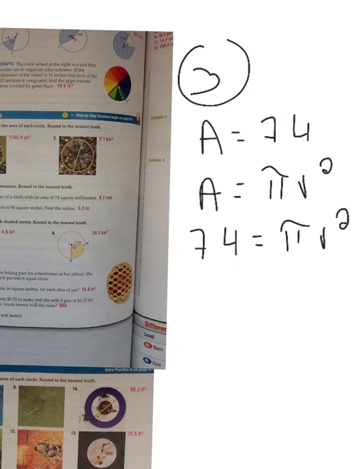So to get r by itself, I have to divide by pi. Now if you take your calculator and divide 74 by pi, I'm using exact pi on my calculator. If I use 2 decimal places, I get 23.55.